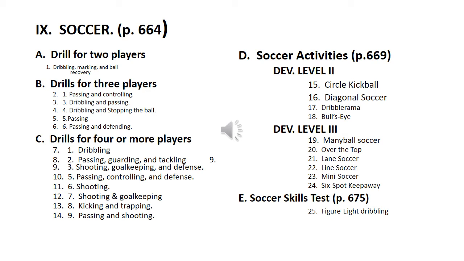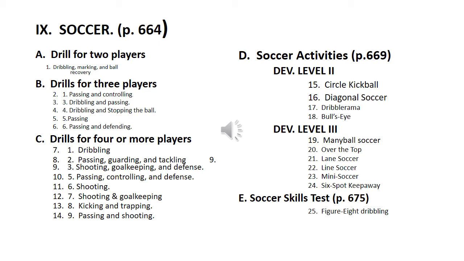So you can take a picture of it, email it to yourself, and crop it, and include it in your typed activity if that works. Or you can physically draw it by hand or do it electronically. Number 12 will teach number 7, shooting and goalkeeping, figure 27.17.